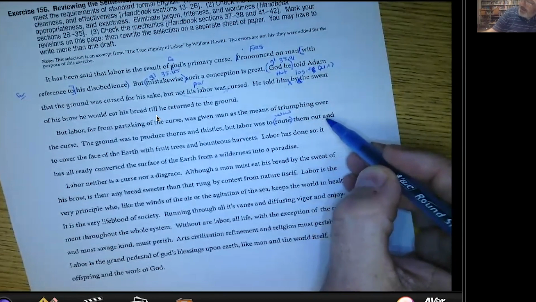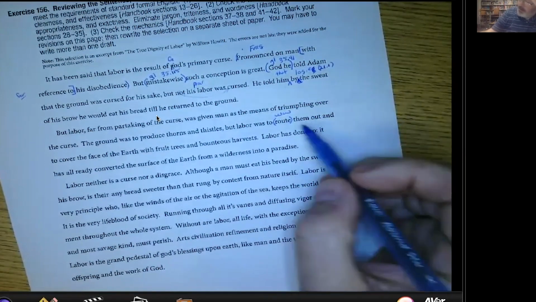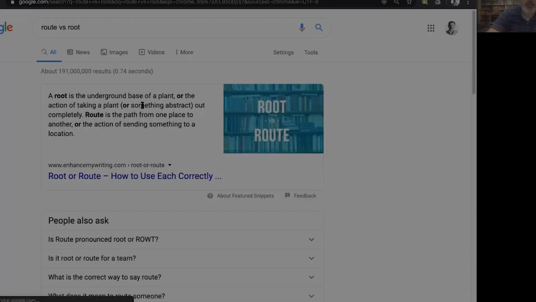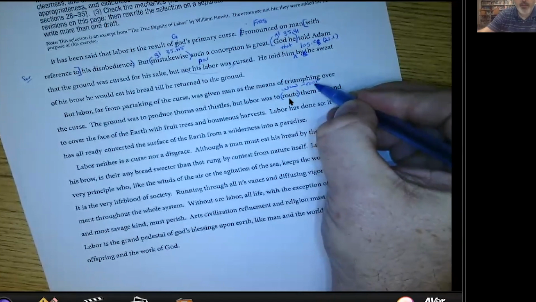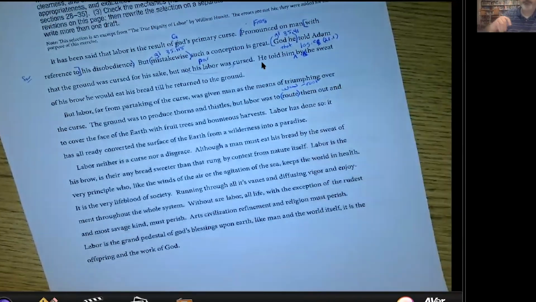The route is the path from one place to another. Root is the underground base of a plant, or the action of taking a plant out completely. Yes, root them out, not route them out, but root, R-O-O-T, instead of route. That's the wrong word. Okay.